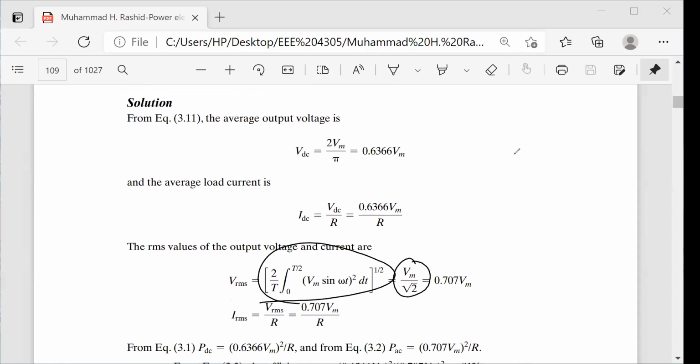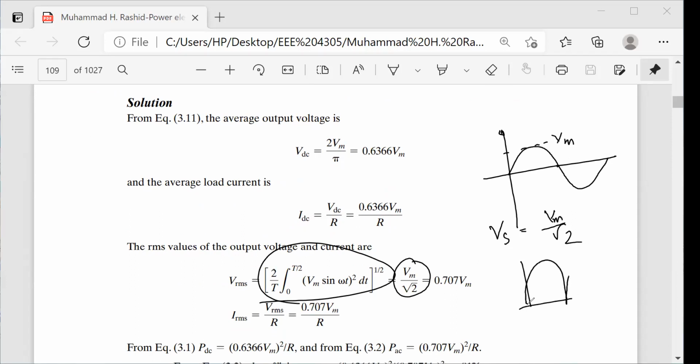We know that, right? Because this is your sinusoidal input. Suppose this is your Vm, what will be the RMS value? Vm by root 2. Yes, we call it Vm by root 2, right? Because when you are squaring it, it will come like this. Am I correct or not?